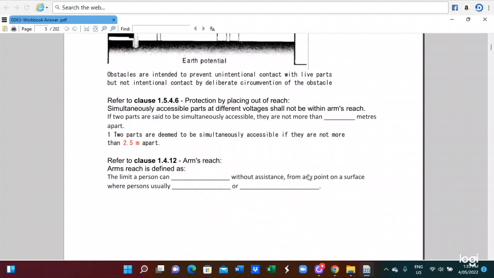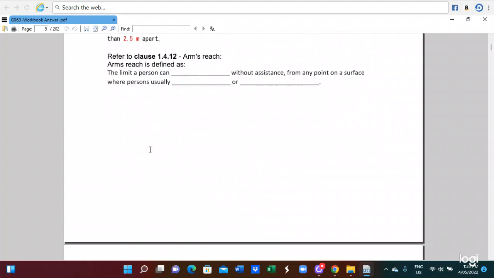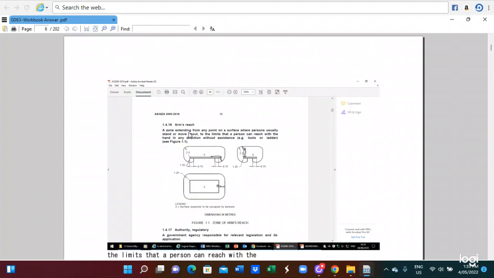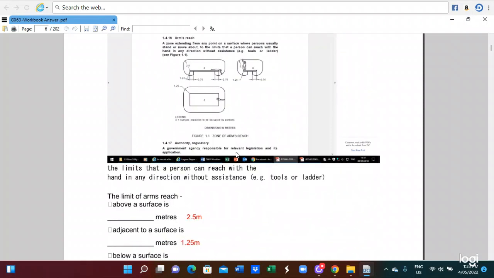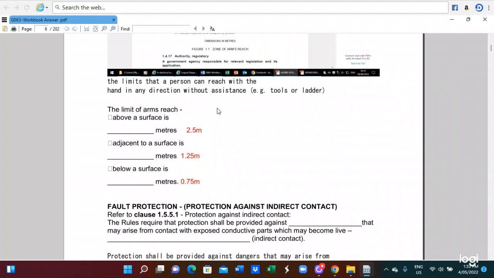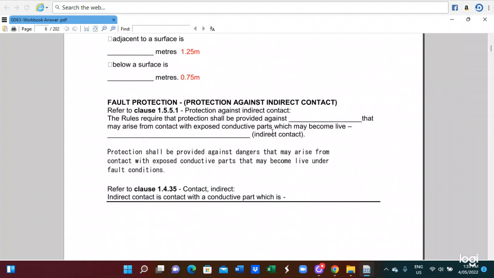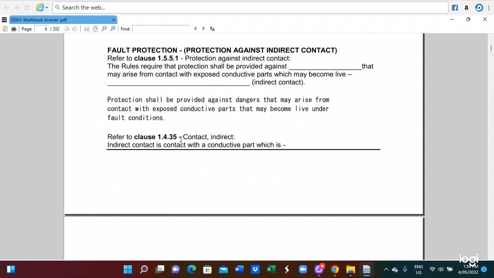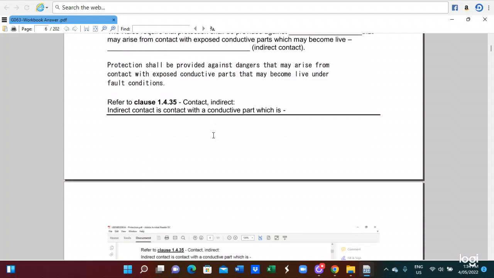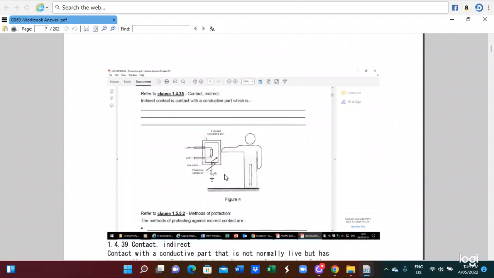Also, the limits of arm's reach, the equation in clause 1.4, is the answer for the arm's reach. The limit of arm's reach is 2.5 meters above the surface, 1.25 meters adjacent to the surface, and 0.75 meters below the surface. For protection methods, you can see clause 1.5.5. And also direct contact and indirect contact, clause 1.4.3.5, are shown in the diagram.